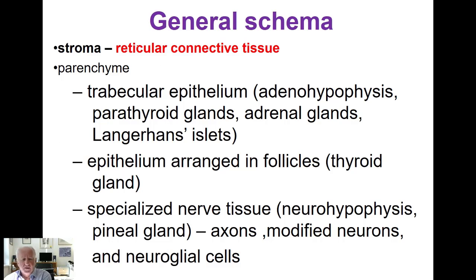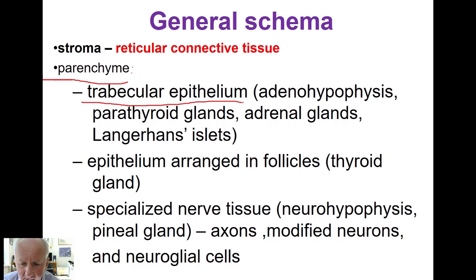The most important parenchyme in those glands is a secretory epithelium producing hormones. I think the dominant type in many endocrine glands is a trabecular epithelium.